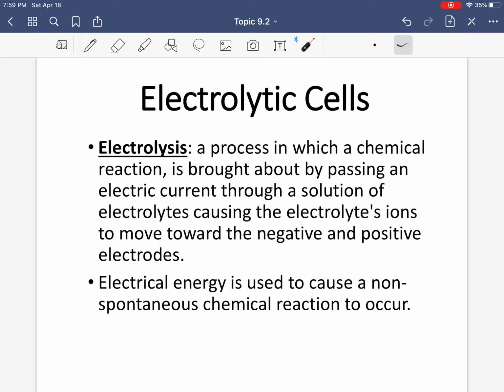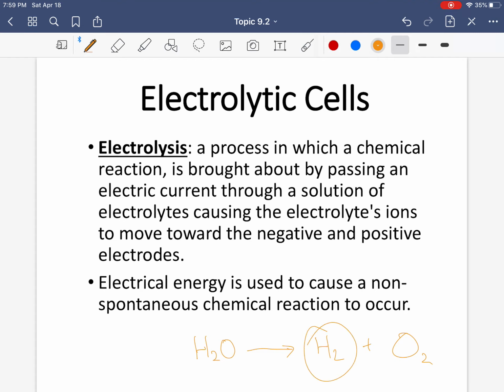If you remember, the last time you heard the word electrolysis, you were given this reaction. And somebody would tell you, that's called electrolysis, using electricity to break apart water to give you H2 and O2. There you go.